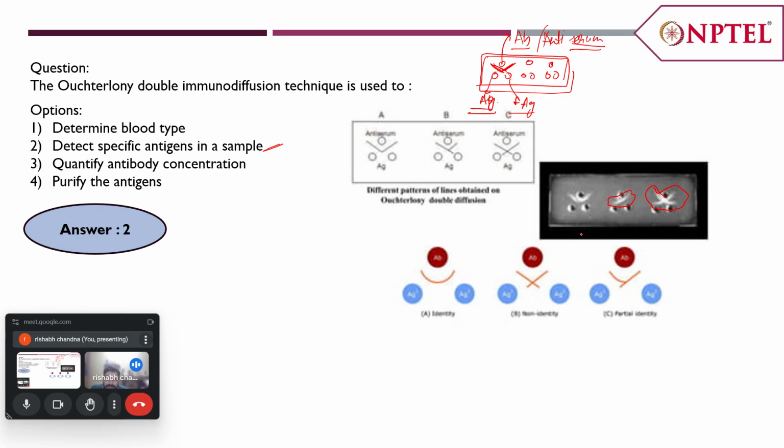Now there are different patterns that we can see, and that is how we can detect the antibody and the antigen.